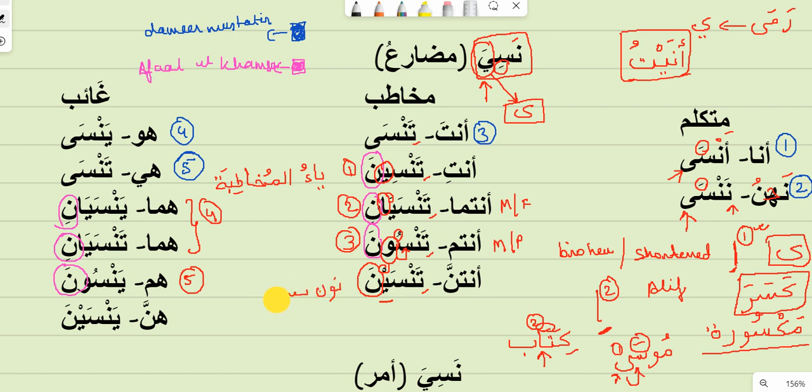Noon niswa is the damir for plural feminine, niswa. And this is waw al jama. And this is alifu musanna.